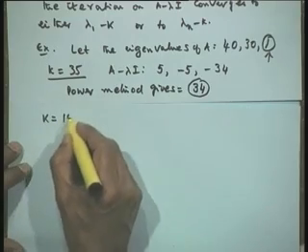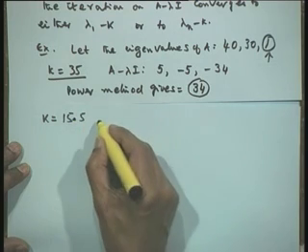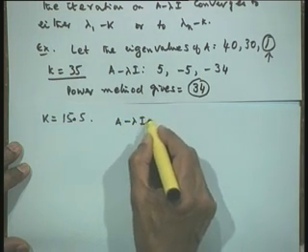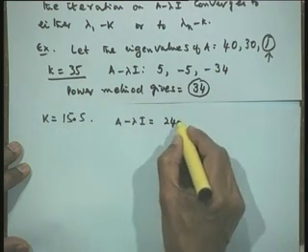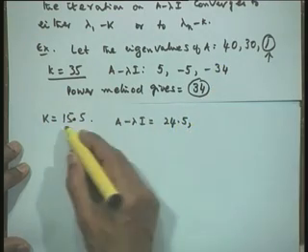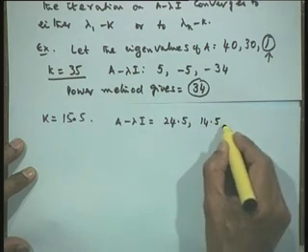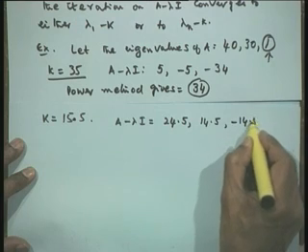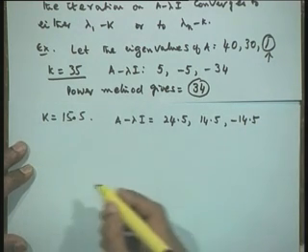Let us take some other value. Let us take k as 15.5. Then A minus k I will have eigenvalues 40 minus 15.5, that is 24.5, 30 minus 15.5, that is 14.5, and 1 minus 15.5, that is minus 14.5.